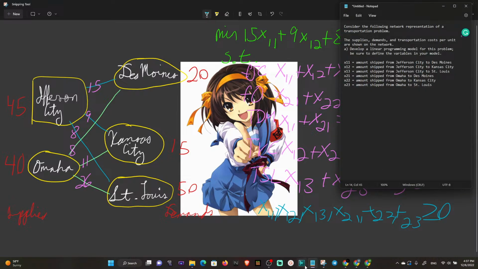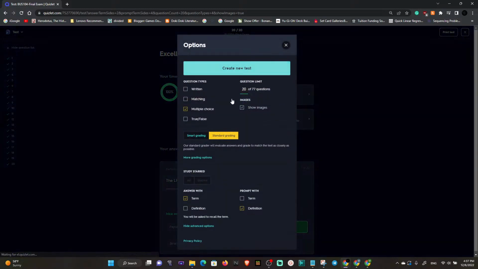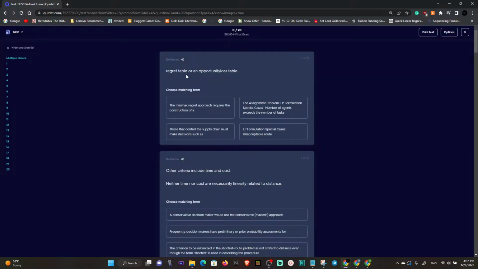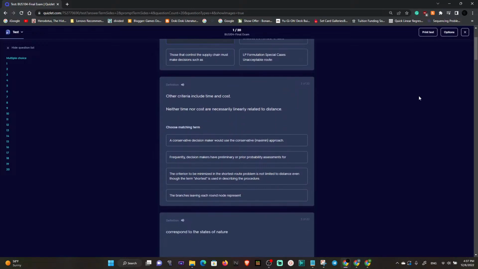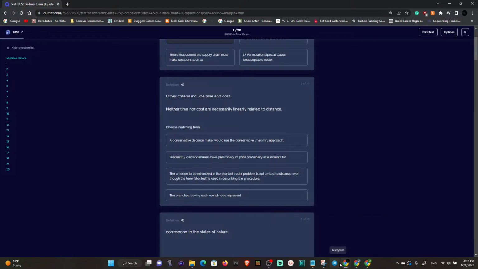Alright, before we go to the next one, gotta do another Quizlet. Let's go! Create a regret table or an opportunity loss table. Minimax regret approach requires the construction of a. You're up. Other criteria include time and cost. Neither time nor cost are necessarily linearly related to distance. Time and cost.